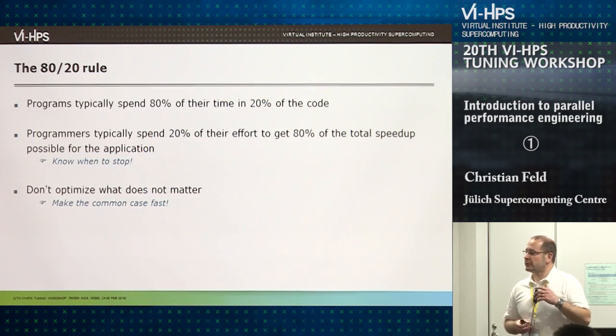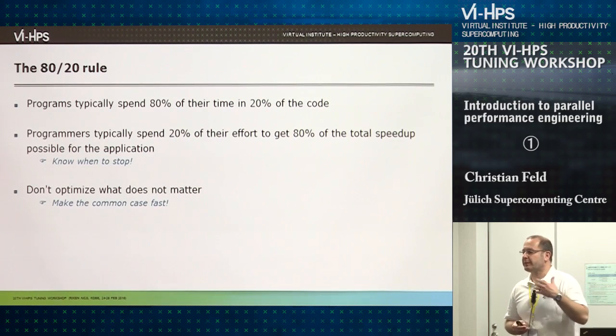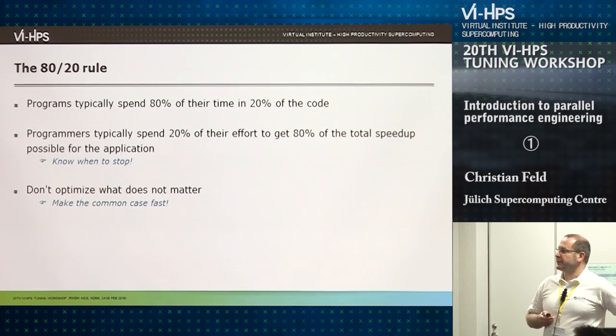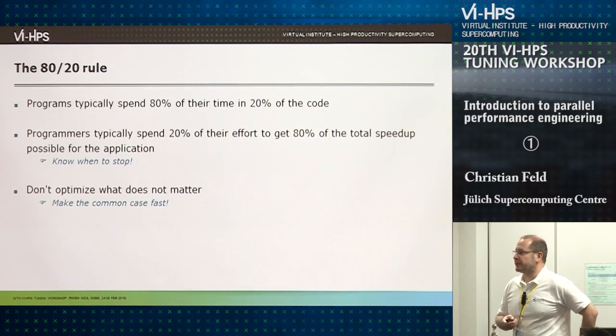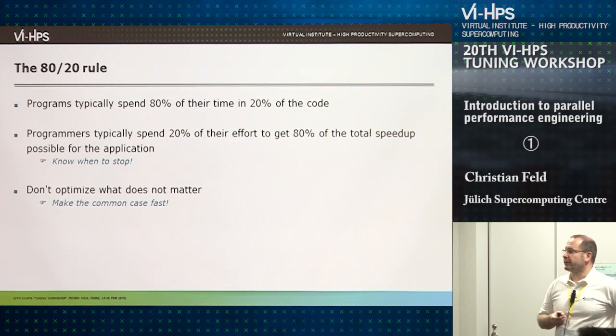But at some point, the time you invest in making a program even faster increases not linearly. So you have the 80-20 rule that says that usually a program spends 80% of the time in 20% of the code.